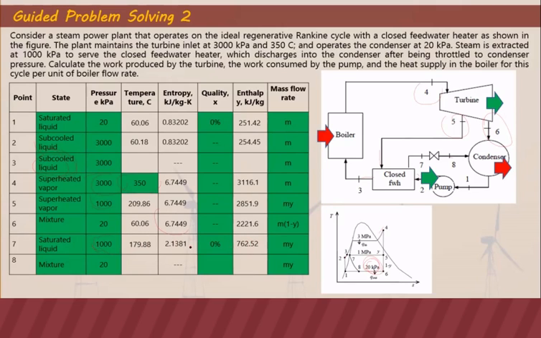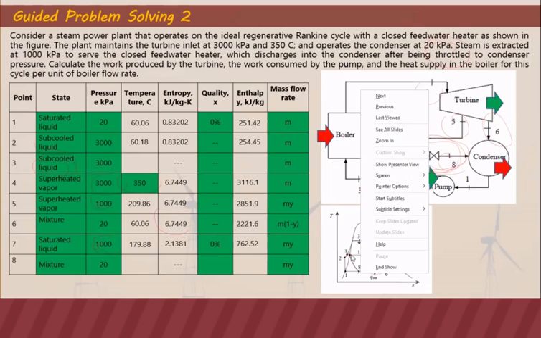And for point 8, since 7 to 8 is, as you can see here, a pressure reducing valve, it is throttled from point 7 because it has to discharge, since it's a closed feed water heater. Its discharge is towards the condenser. So this is our point 8, therefore it is a mixture.